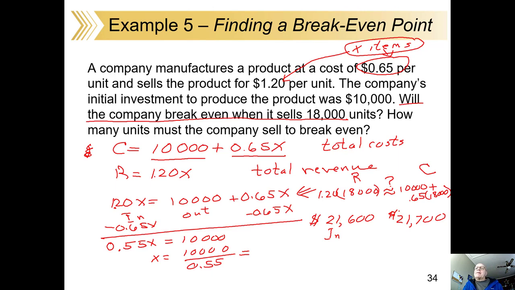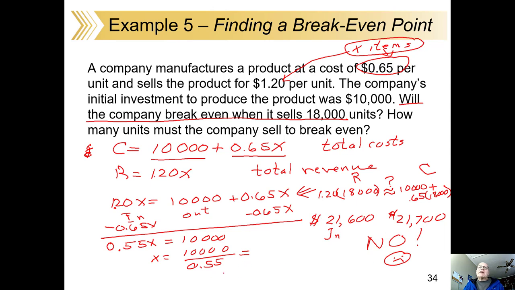So what's the deal here? It looks like the money coming in is $21,600. The money coming out is $21,700. Oh, looks like we haven't gotten there yet. That means $100 is coming out of our pocket. We haven't broken even yet. We are not breaking even. Not good.